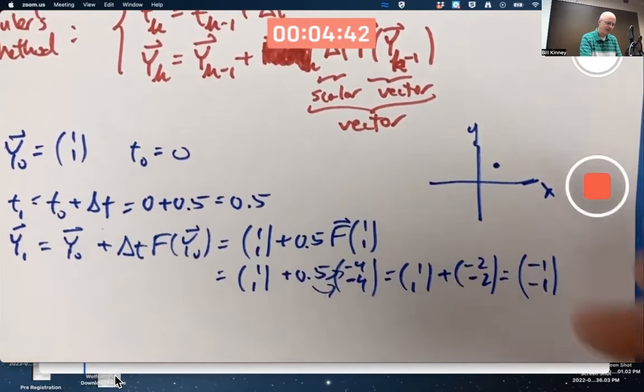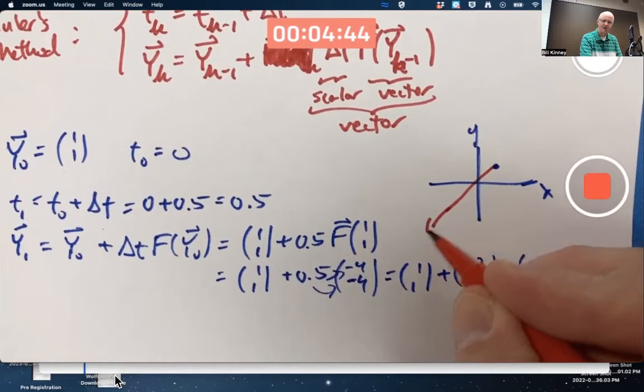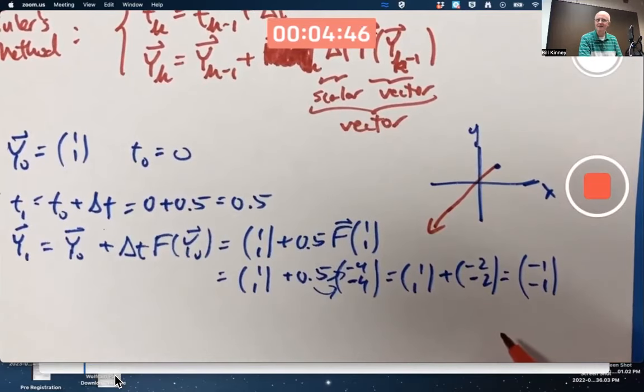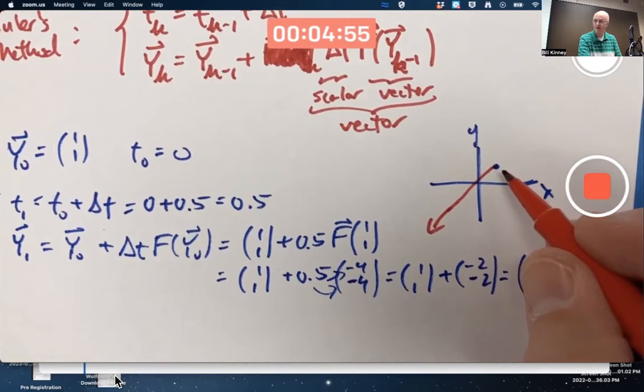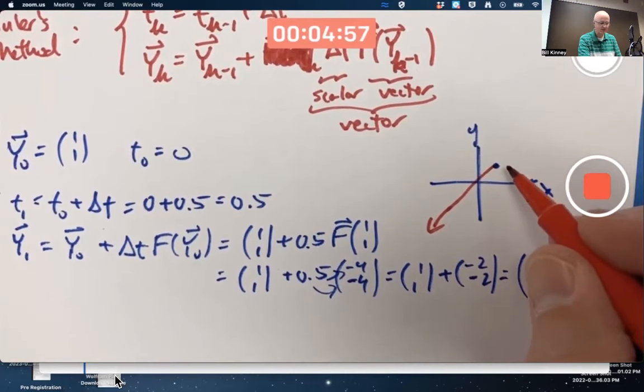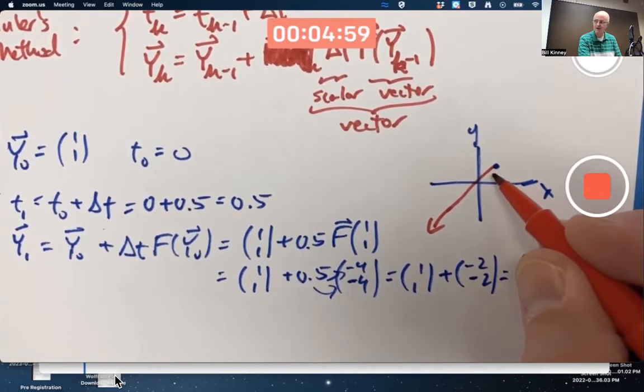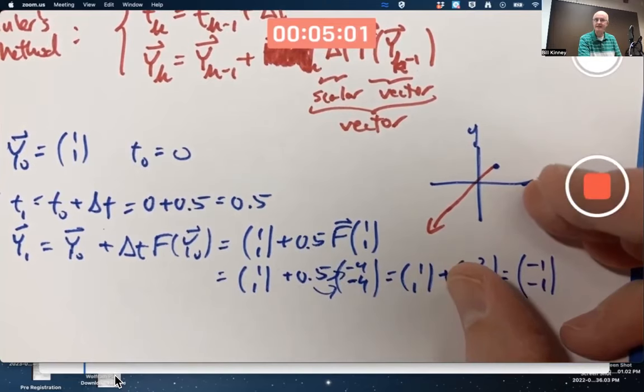The actual vector in the vector field is kind of a long vector like that, with components -4, -4. In the direction field, you would shorten this vector to indicate you're heading off in this direction, but the length of the vector is the speed of the solution curve at that moment in time.